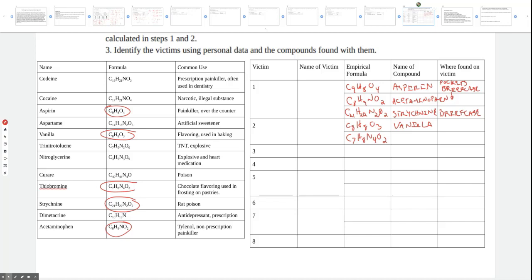C7H8N4O2 is bromine. And this was in the briefcase and in the stomach, implying that this person ate whatever that was, or ingested it somehow. All right.